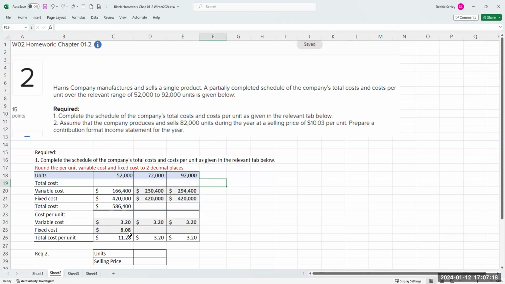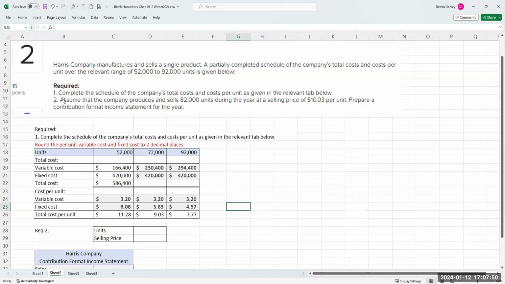Now I need to figure out the fixed per unit. So again, that is going to be that total fixed cost divided by the number of units in this column. And again, I'm in Excel, so I drag that formula across and show you again that it's that total fixed cost divided by the number of units. And that gives me my answers for required 1.